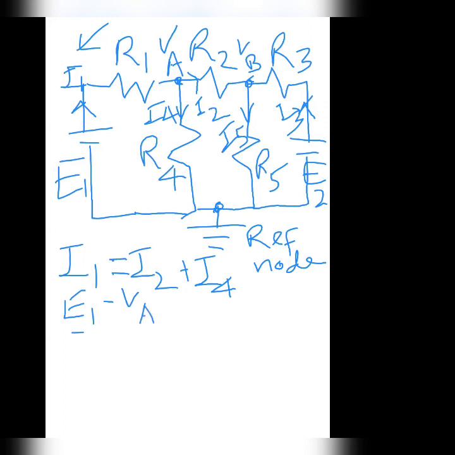This is the potential difference upon the resistance R1. Okay. Similarly, this I2 is the current which is flowing in this branch. So this is VA minus VB upon R2.